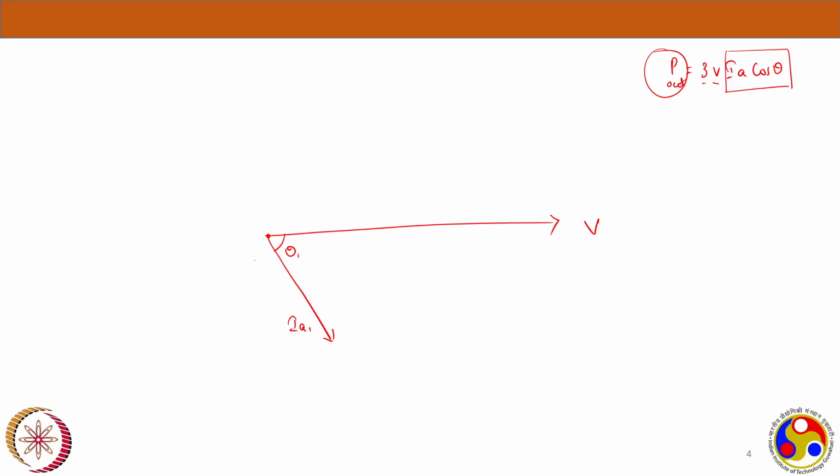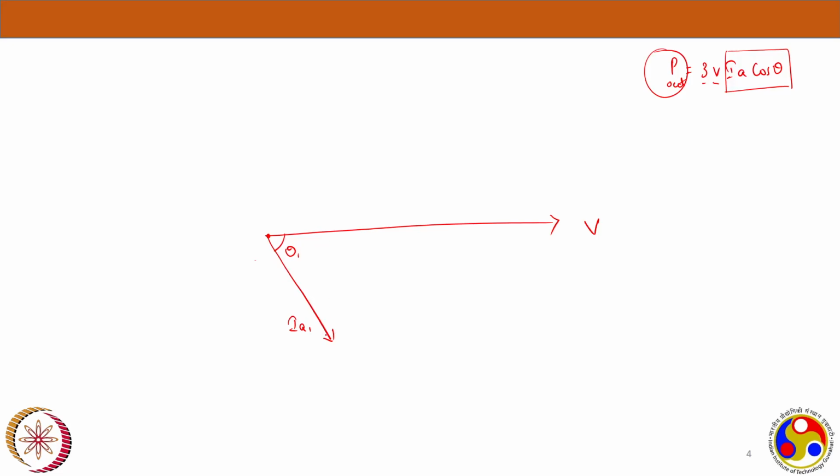You can vary your excitation. IA would vary, but not IA cos theta. IA can vary, but the IA cos theta should not vary. In other words, what is IA cos theta in the phasor diagram? This is IA, this is theta.